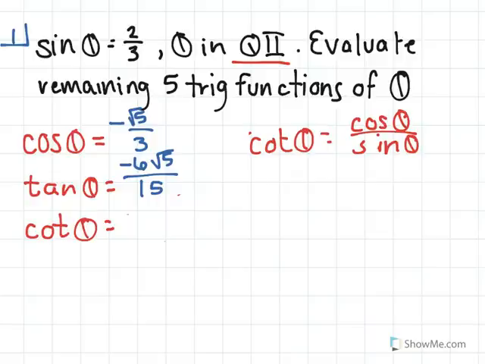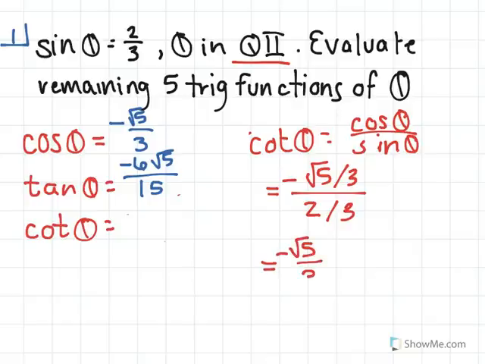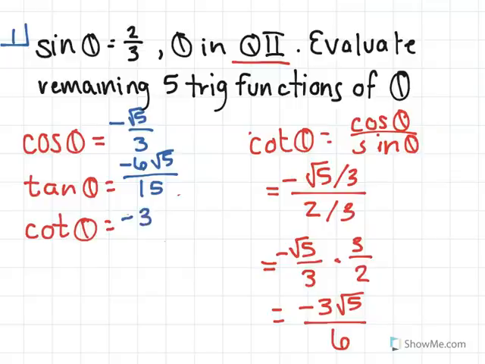So we'll have negative root 5 over 3 divided by 2/3, and that's the same as saying negative root 5 over 3 times 3/2. If we multiply that, we'll have negative 3 root 5 over 6 as our value for cotangent. So negative 3 root 5 over 6.